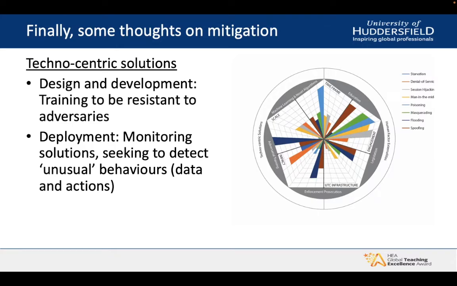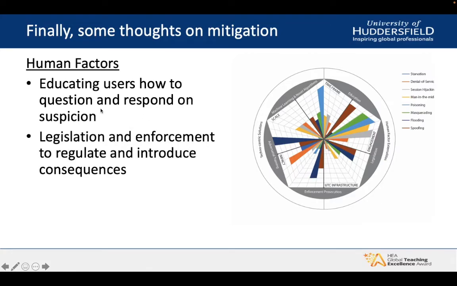But that in itself could also be problematic, because monitoring systems too, as we know in the security field, are open to being manipulated, and you can launch deception attacks against them also. So it's going to be very challenging to overcome this entirely in a techno-centric solution.